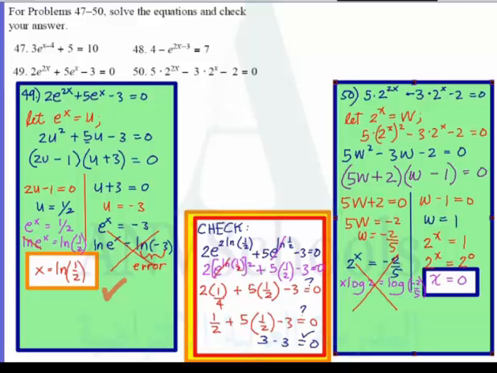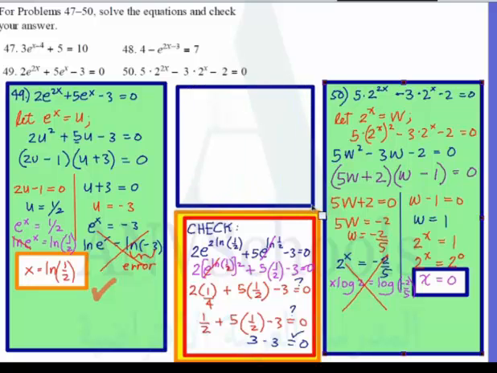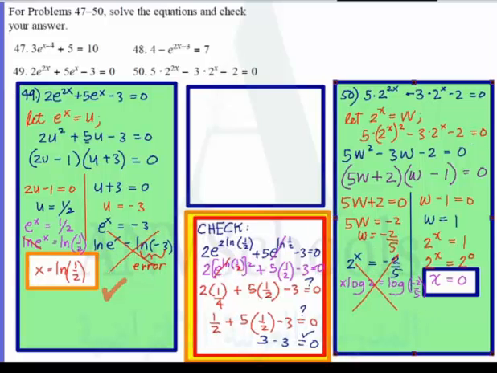So let us now check if this value of x actually could be a solution. All we have to do is to substitute x equal to 0 to all the x that you can find for number 50.